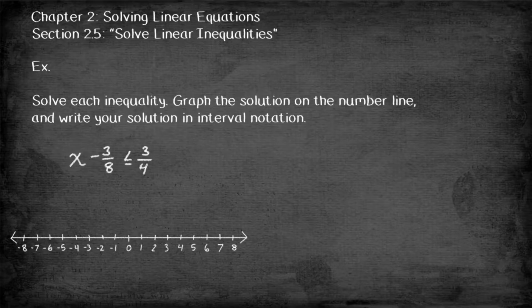So for this first example, to solve the linear inequality, we want to get x by itself. So it's the same basic idea as when we solve a linear equation. We're going to add 3/8 to both sides.